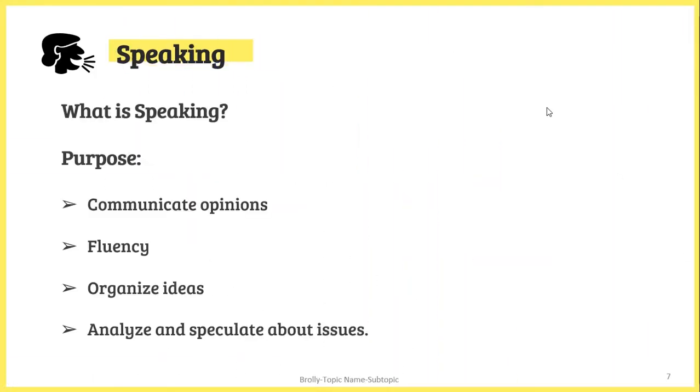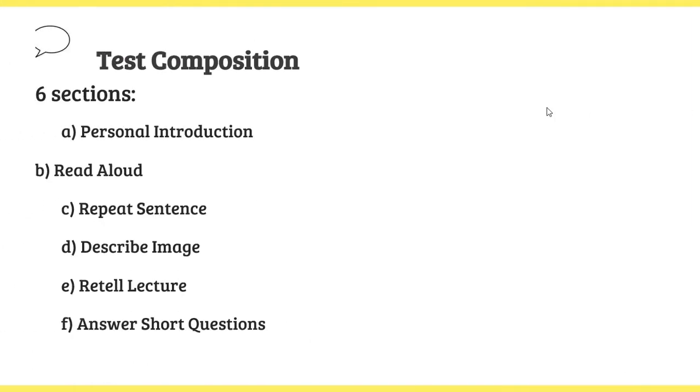Now, coming to speaking. The purpose of the speaking test is to assess your communication skills, your fluency, your organizational ideas, and how well you analyze and speculate about issues. The test consists of 6 sections. The first, where you have to give a personal introduction about yourself, which is not scored.